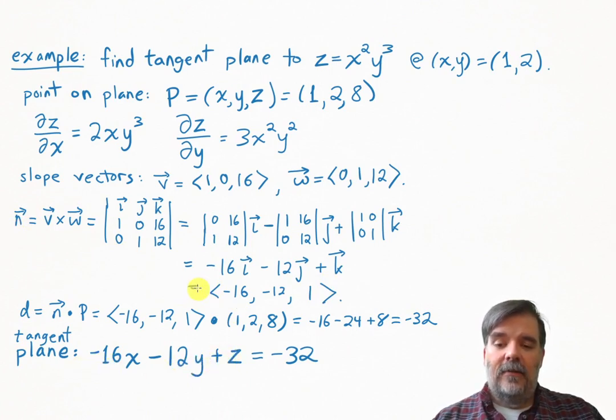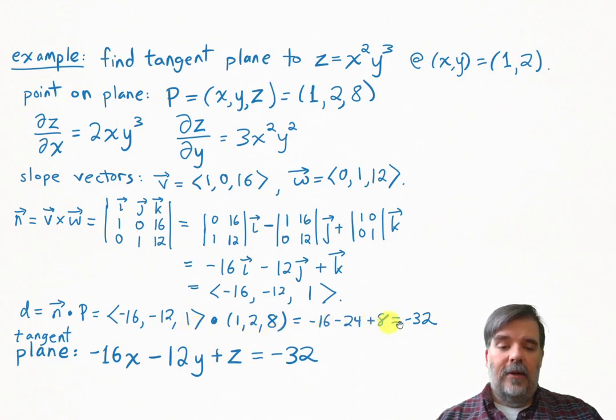To calculate the value of d, the constant on the right-hand side of the equation of our plane, we can compute the dot product of the normal vector n with a point on our plane, which we earlier found to be (1, 2, 8). So when we calculate that dot product, we have negative 16 times 1 plus negative 12 times 2 plus 1 times 8.